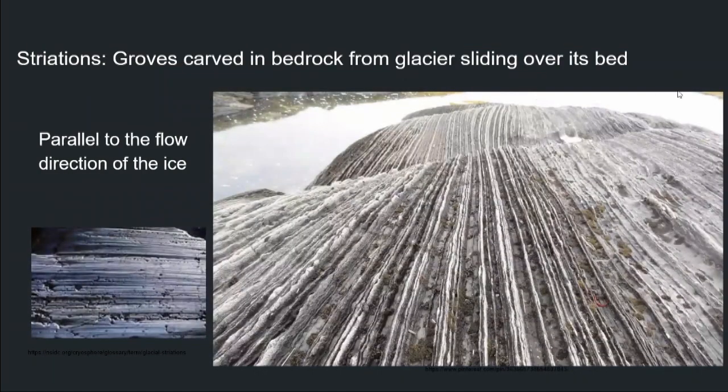One of the last erosional features are the striations. They are channels, or like grooves carved in the bedrock, and they are created by the ice that's flowing on them. Actually, not directly the ice. It's not the ice that erodes the rock itself in that case.